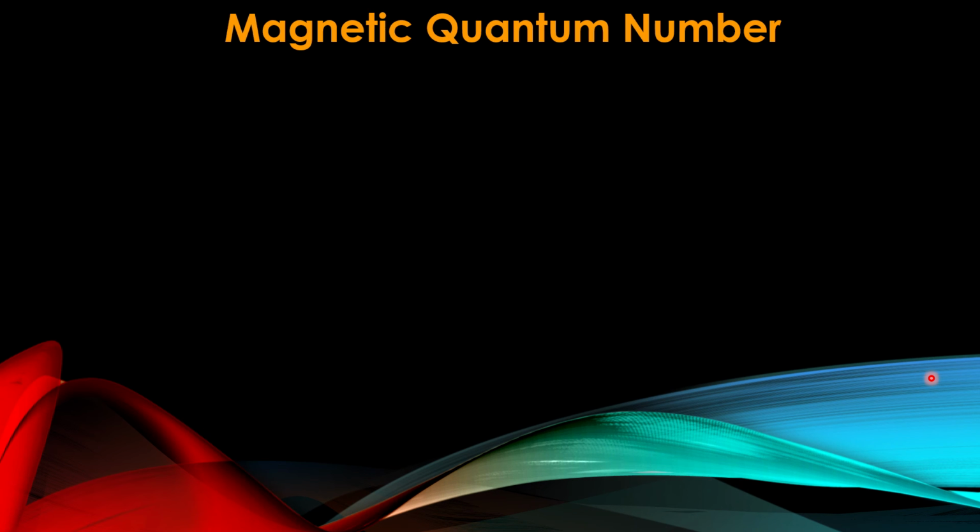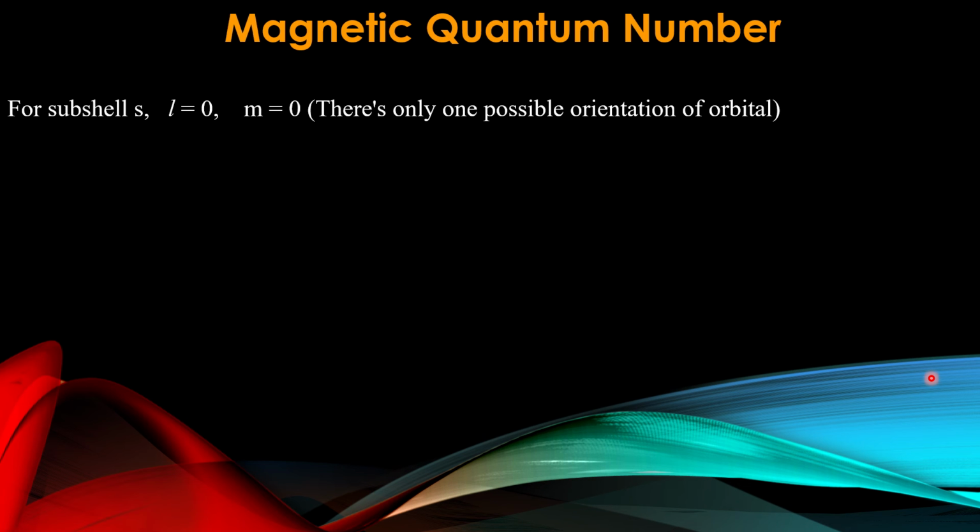Now look for subshell S. For subshell S, the value of L equals 0. So the value of M also equals 0 because the value of M is minus L to plus L. That means when the value of L is 0, M is also 0. That means there is only one possible orientation of orbital.